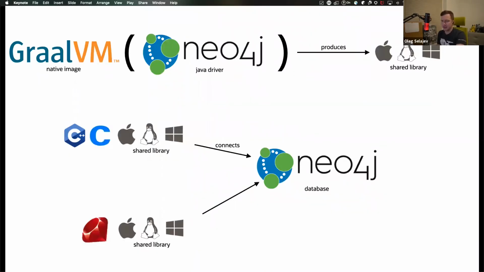And the third part is absolutely mind-blowing to me, at least. You can compile your Java library as a native shared library, and then you can use that shared library from native or other applications.